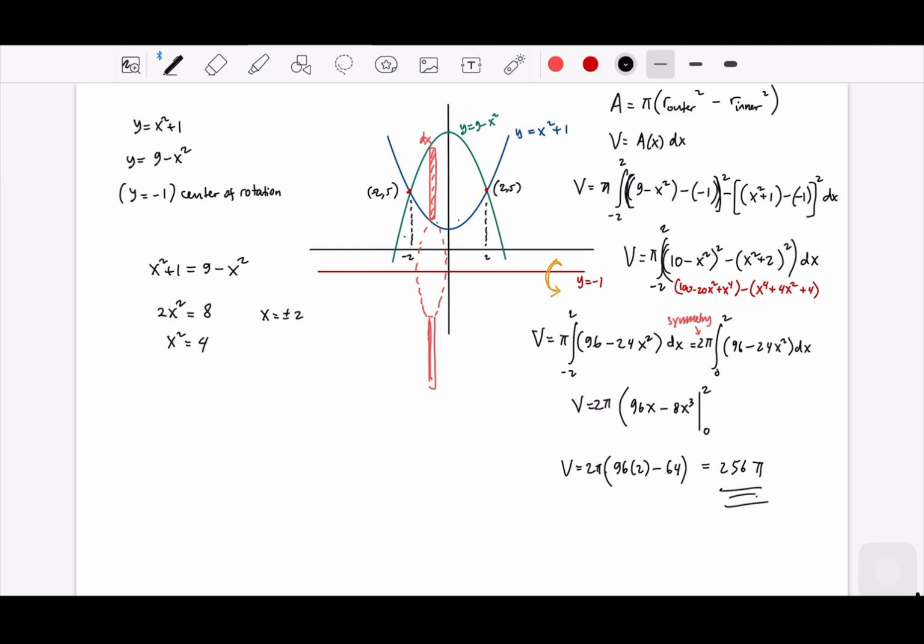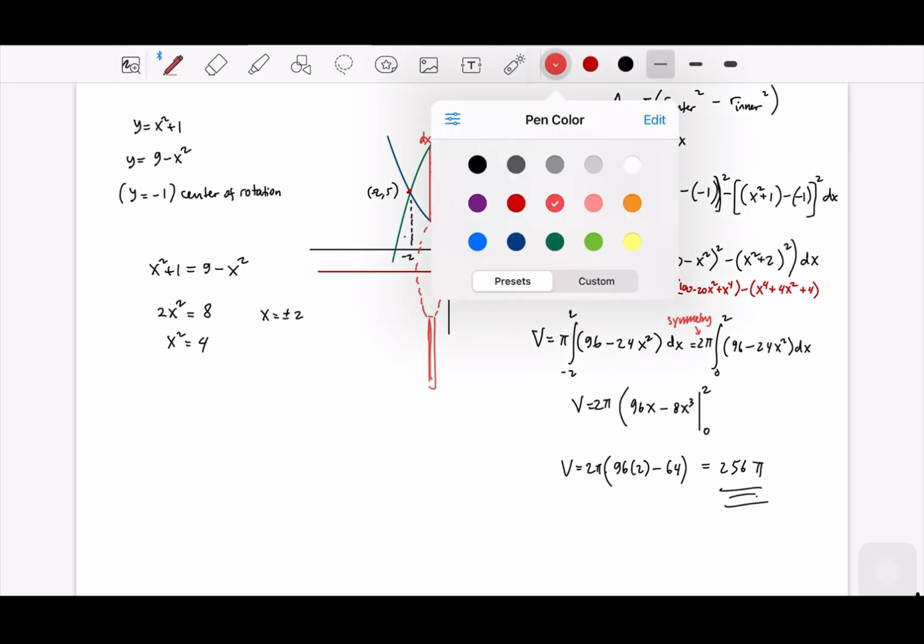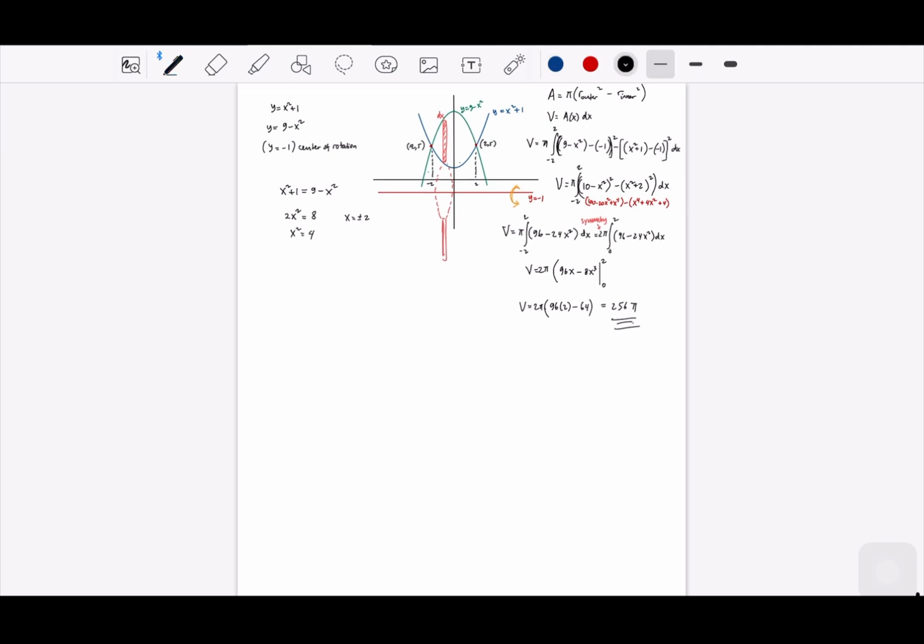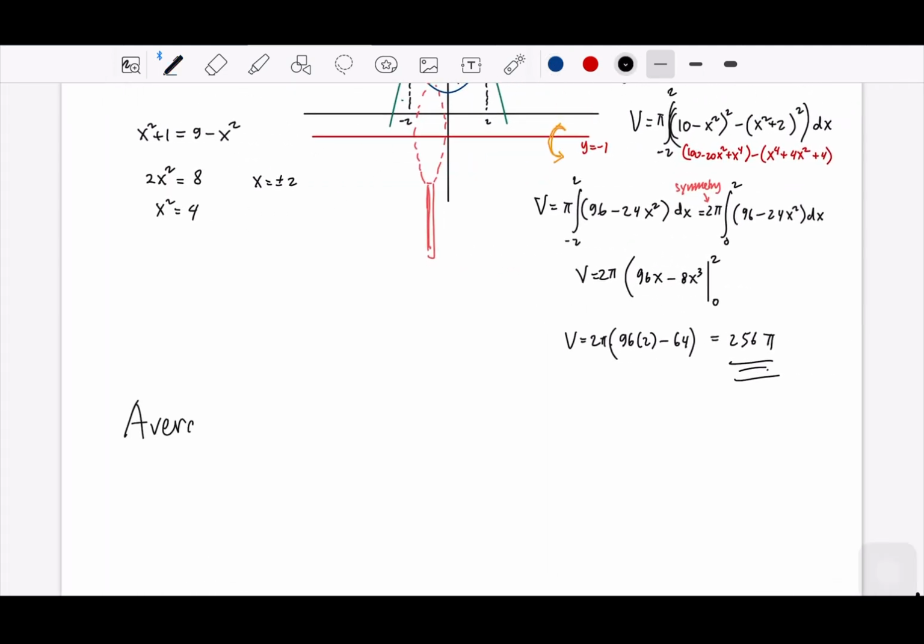Okay, so the next sections will be the average value and the mean value theorem for integral. So this will be the average value. By average, I think for some basic statistics, you already have that since elementary school, right?